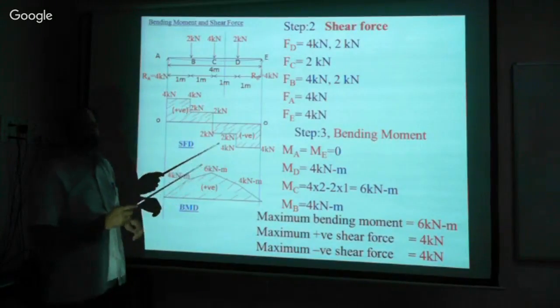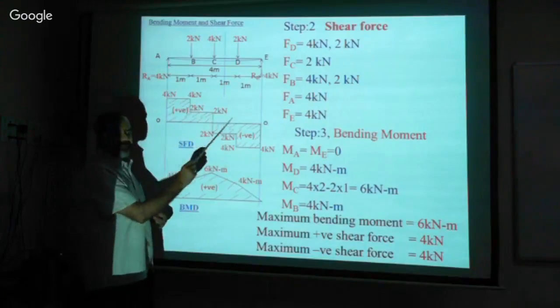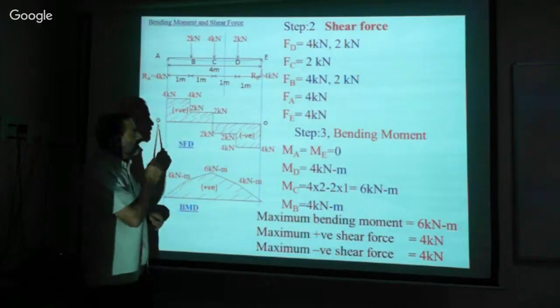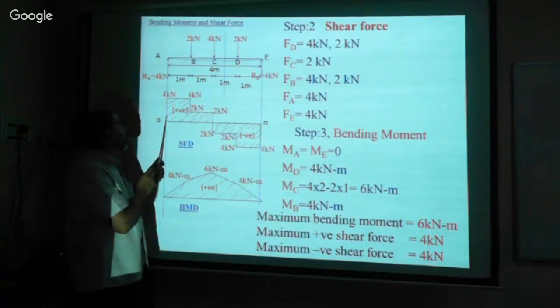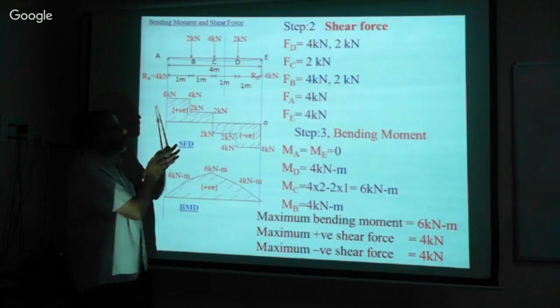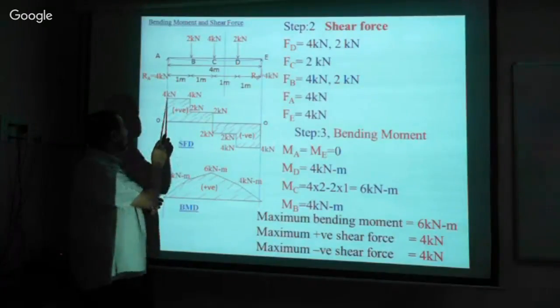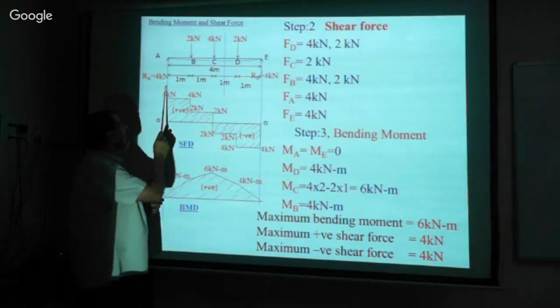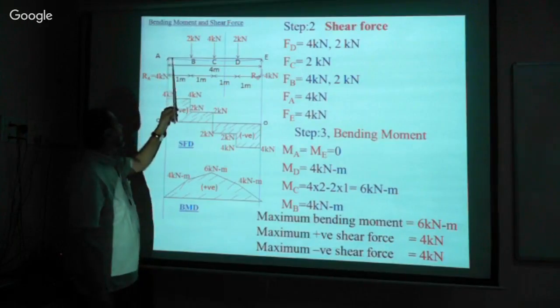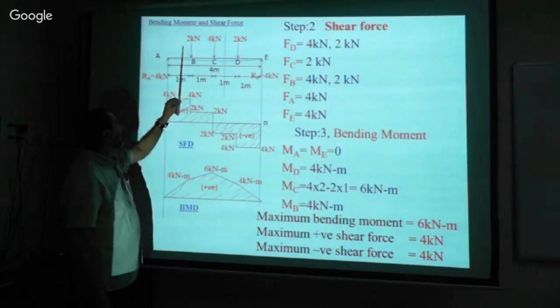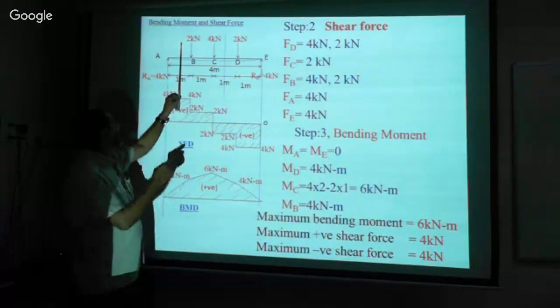To draw the shear force diagram, again, take the 0 reference. Now here RA is acting upward. Go by 4 kilonewton, go upward, draw the line, 4 kilonewton. Then if we calculate the shear force at any section between A and B, we will get only 4 kilonewton.